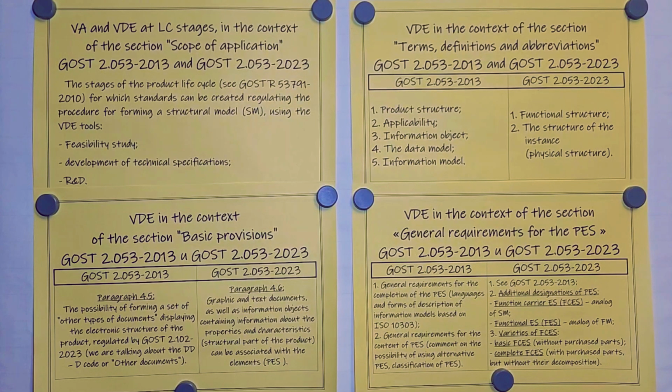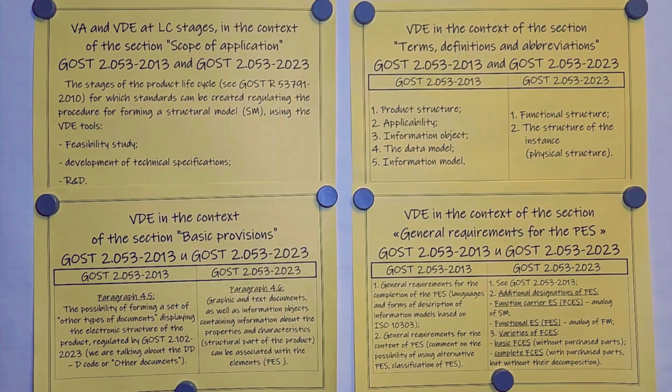However, it's also stated in the modified form that in the automatic product data management system, graphical and textual elements of the product electronic structure can be associated with documents as well as information objects containing information about the properties and characteristics of the corresponding elements or product components. Information about properties and characteristics can be presented in various forms: quantitative, descriptive, in the form of calculation models, and so on.